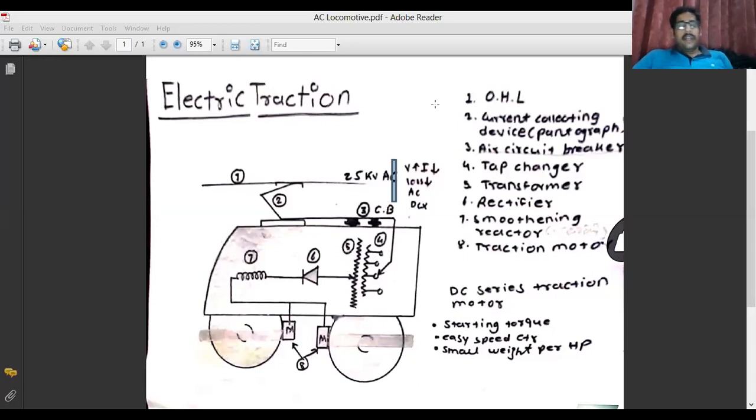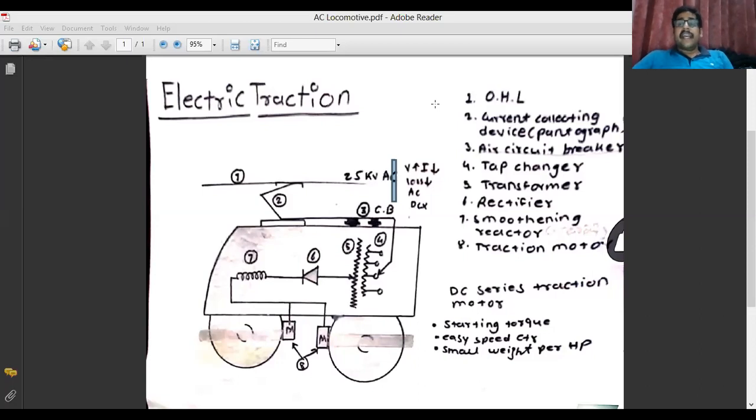As seen in your diagram, number 2 represents the current collecting device or pantograph. A pantograph is an apparatus mounted on the roof of an electrical train to collect the power through contact with an overhead line. This basically acts as a medium between a locomotive and the overhead transmission line.